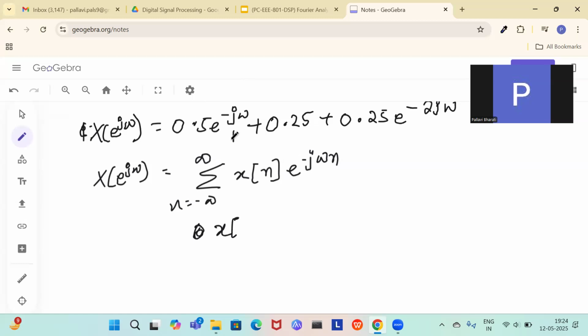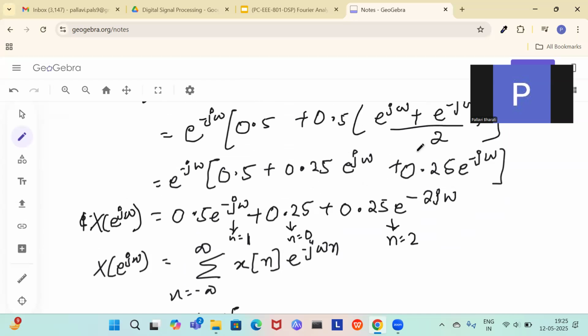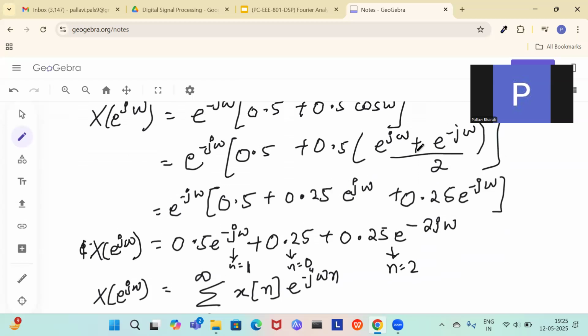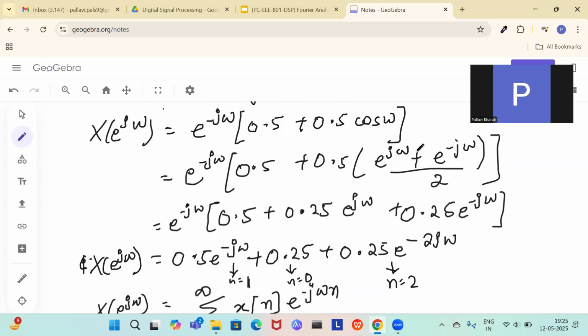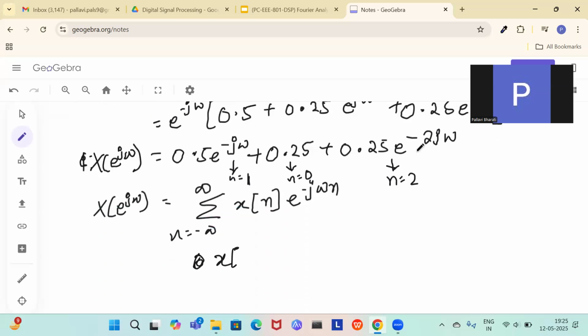Here the value of n is equal to 1, here the value of n is equal to 0, and here the value of n is equal to 2. So just let us check once. Yeah, so 1, 0 and 2. So 0, 1 and 2.